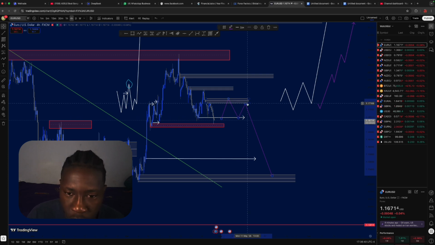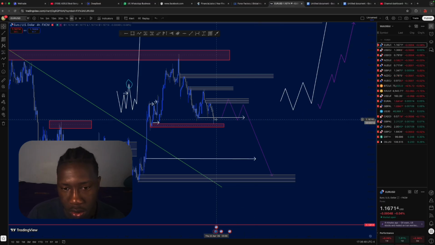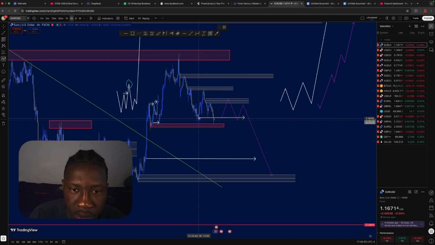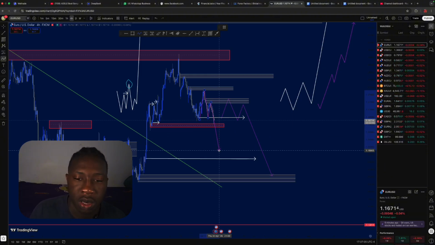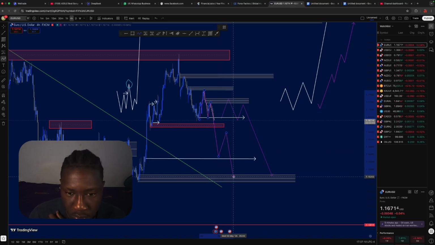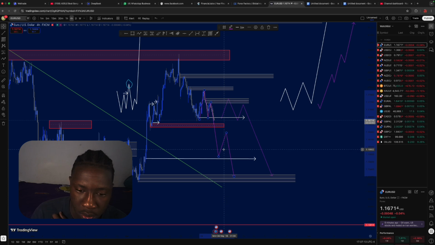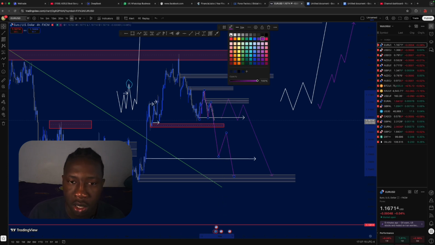Moving down, moving up, and then I'll enter on the pullback of this one, like this has already happened. If you can see, the market was moving up, moving down, and moving up. Now it is maybe continuing to move down to reach this level, and then move up, and then move down, and then it will reach this.